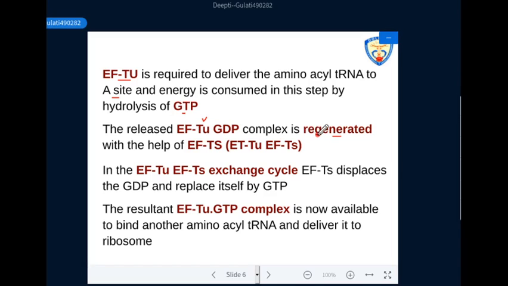So for this regeneration, we require the elongation factor EF-Ts. So it forms a complex, EF-Tu EF-Ts, and in this exchange cycle, EF-Ts displaces the GDP and gets replaced itself by a molecule of GTP to again give us the EF-Tu GTP complex, which binds to another aminoacyl transfer RNA and delivers it to the A site of the ribosome.